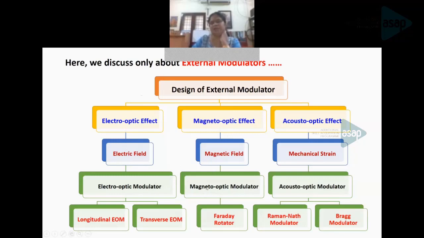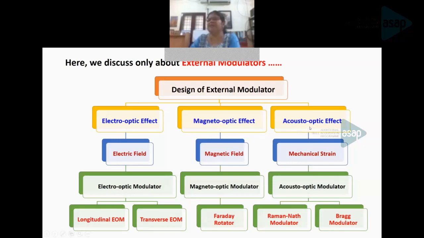In a magneto-optic modulator, the applied magnetic field is responsible for the changes in the optical property of the medium. In an acousto-optic modulator, the mechanical strain produced by the passage of an acoustic wave is responsible for the change in the optical property of the medium.